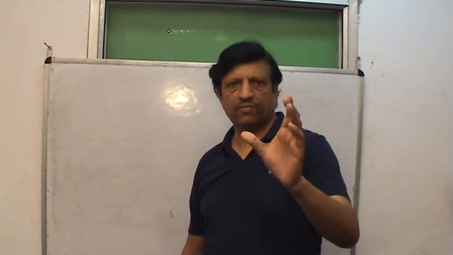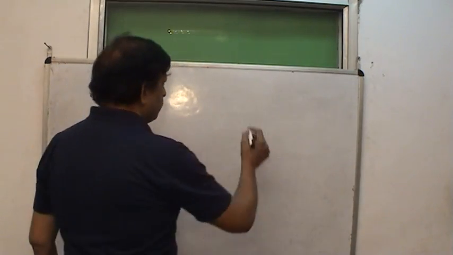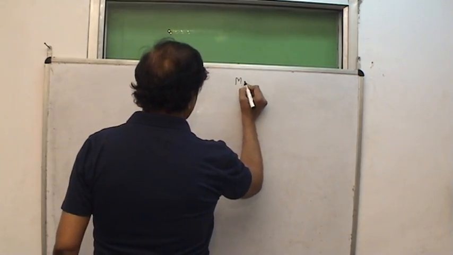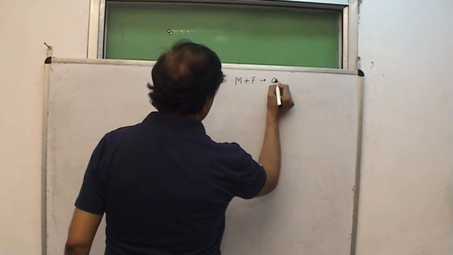Let us consider one pair of rabbits. One pair means one male and one female. They are alone on an island. There is no one else except the pair of rabbits. Now, we apply the condition. The male plus female is the one pair.